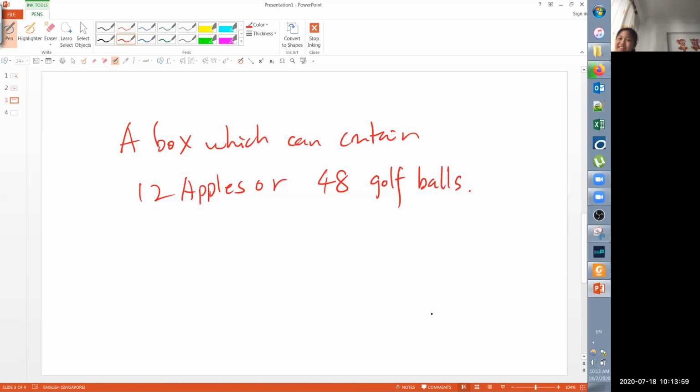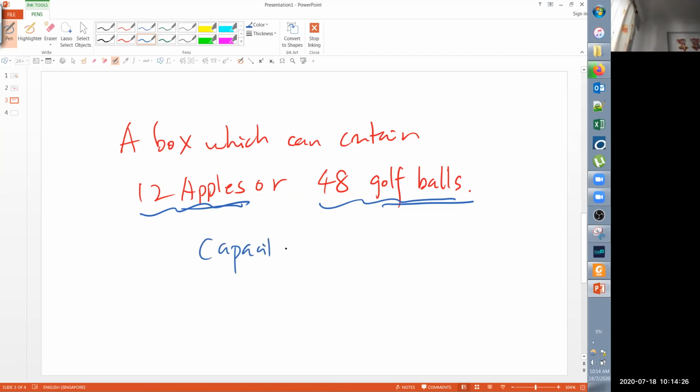No, I did not say I want to put them together, I'm just saying a box. The concept here is not to mix apples and golf balls together. The concept is, either the 12 apples or the 48 golf balls, they are telling you the capacity.